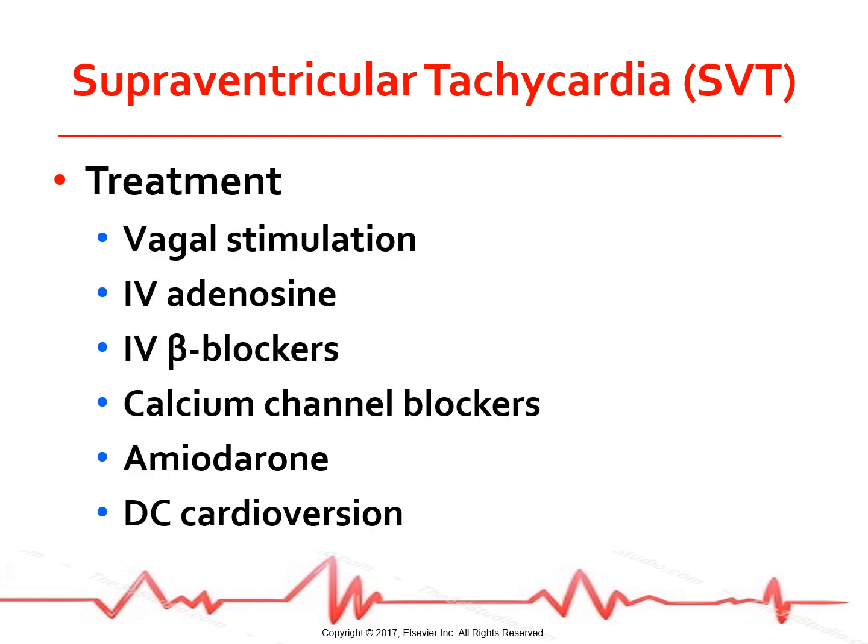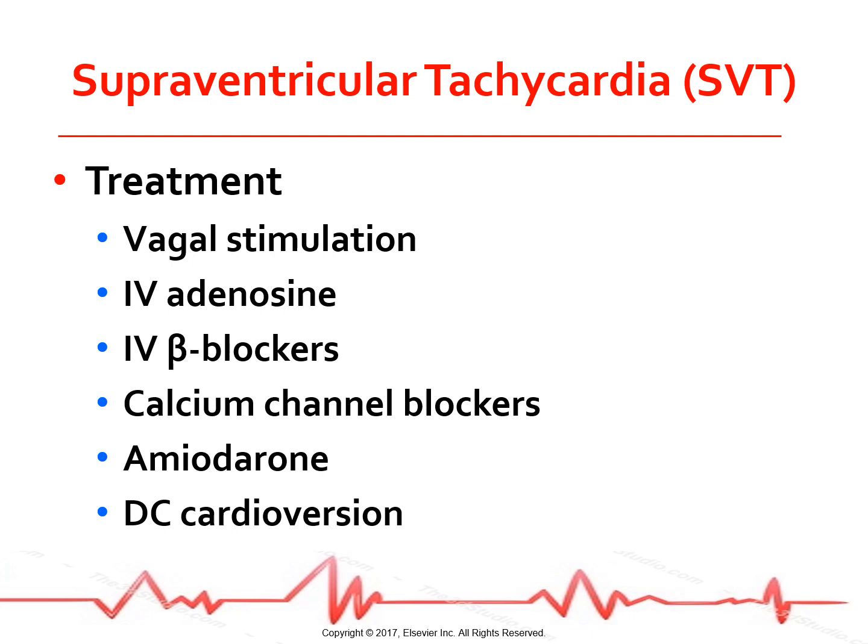So what do we do for this? The first thing we do when somebody has SVT or a PSVT and they haven't come out of it yet is vagal stimulation. So we would ask that patient to bear down, and surprisingly enough, it seems very simple, but it works a lot of the time just because bearing down stimulates that vagus nerve to initiate parasympathetic nervous system.